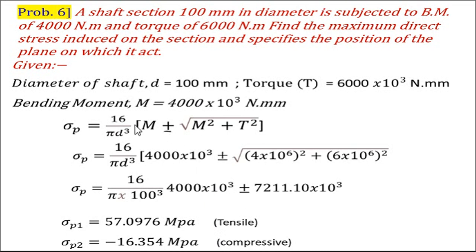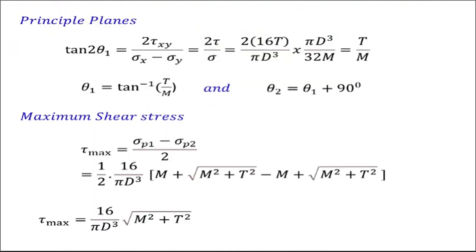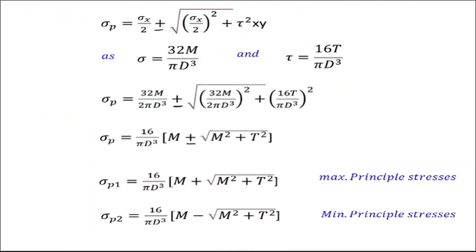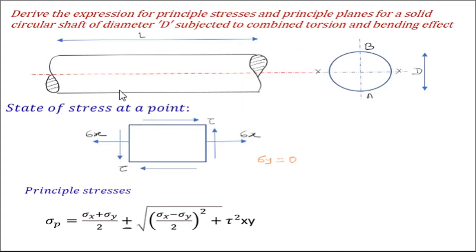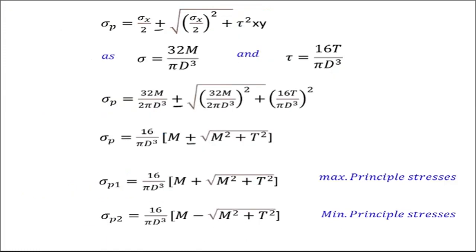So the formulas we have derived in the first two slides, and also we have studied how the stresses are considered, and from the basic relationship you can derive the principal stress on which the bending stress and shear stress are acting. Bending stress because of the bending moment, shear stress because of the torsion.